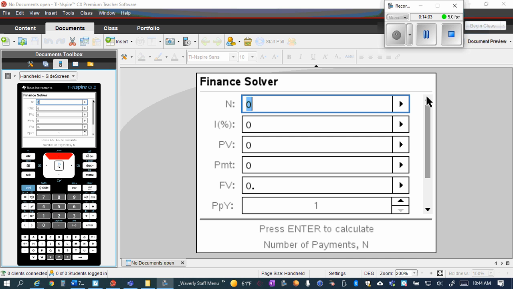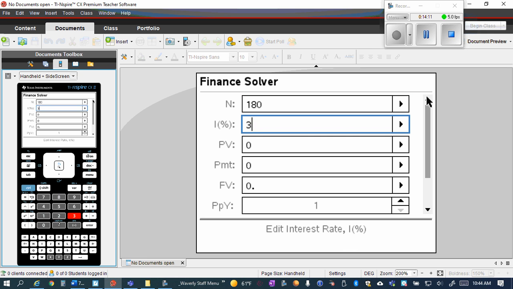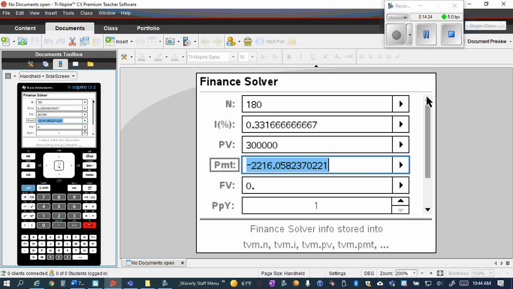So the N, that's going to be our 15 times 12. Arrow down. Interest was 3.98 annual divided by 12 for monthly. Present value was $300,000. Let's arrow down and push enter for our payment. And that's negative, right?